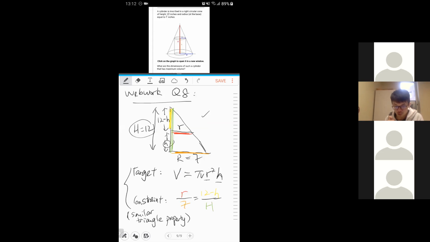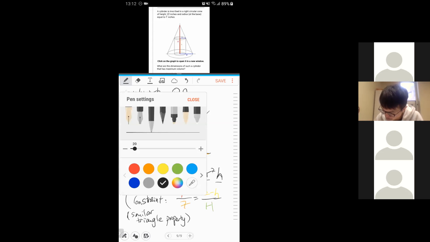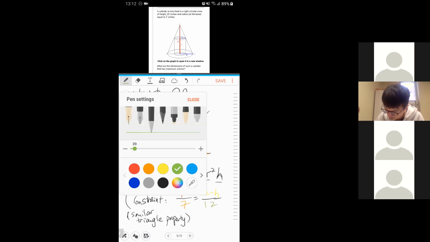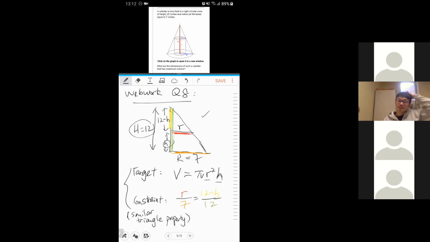So r over 7 equals 12 minus h over capital H, but capital H is 12. Is it okay? This is a similar triangle property. Okay, and now it gives you the constraint.